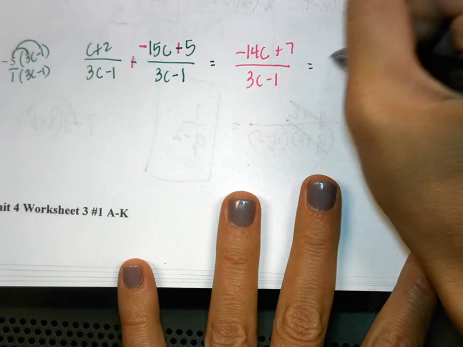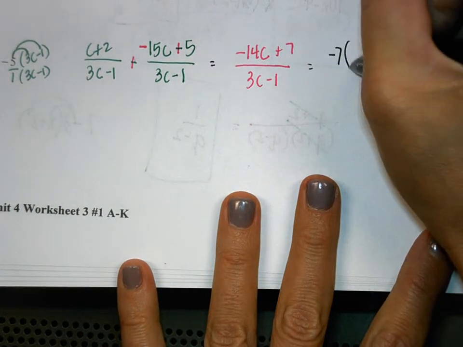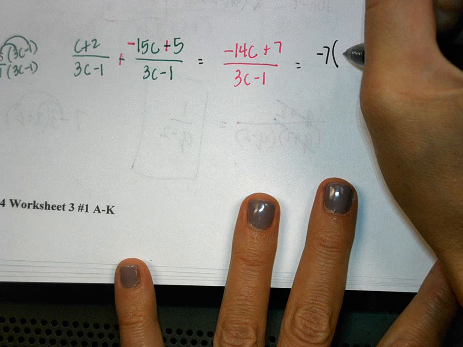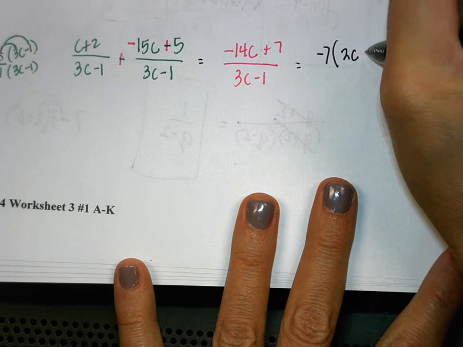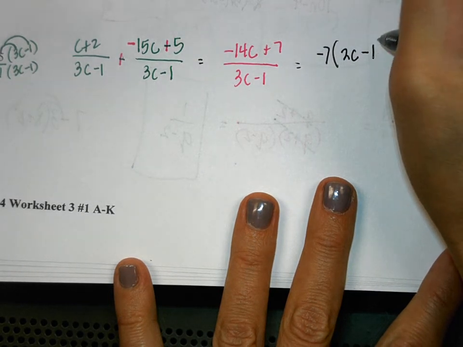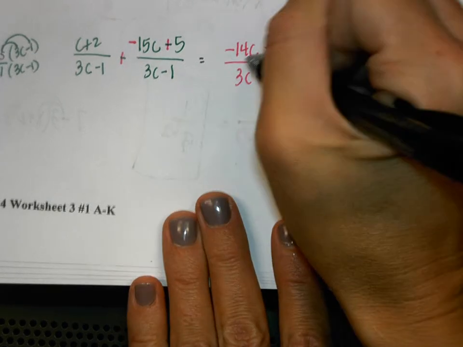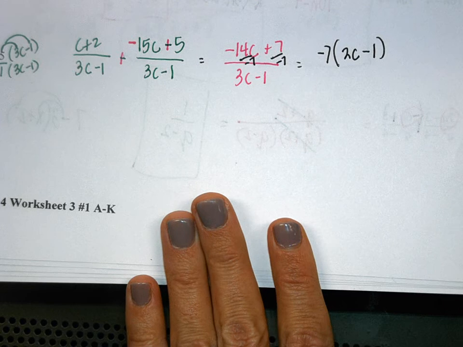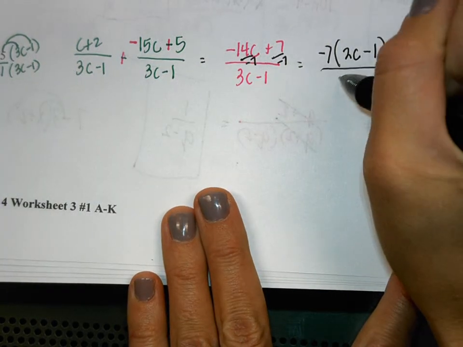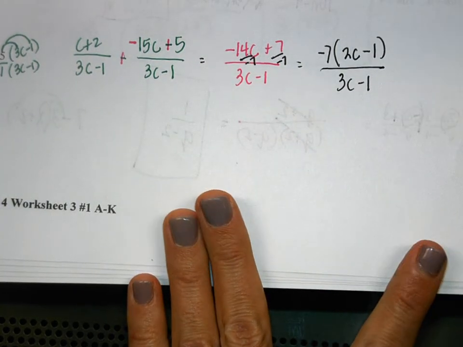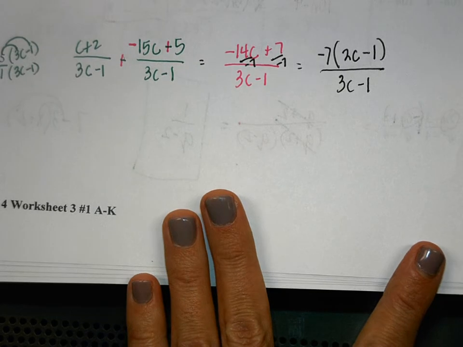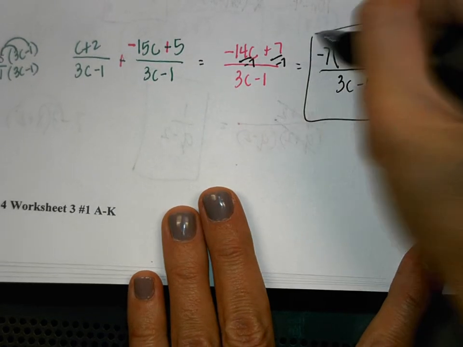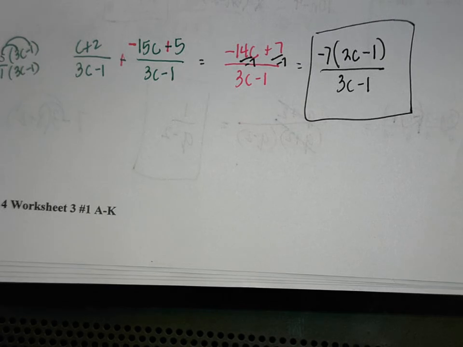So when I factor out a negative 7, what am I left with? 2c minus 1. And again, if you're ever confused, just write divide by negative 7 on both of those terms so you can see it. And then we have 3c minus 1 on the denominator. Can I reduce anything? No. So we can just leave this as our answer. Do we have any questions right now?